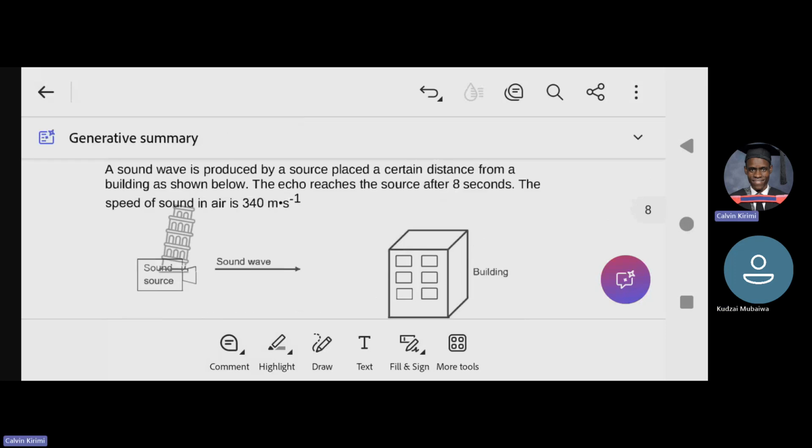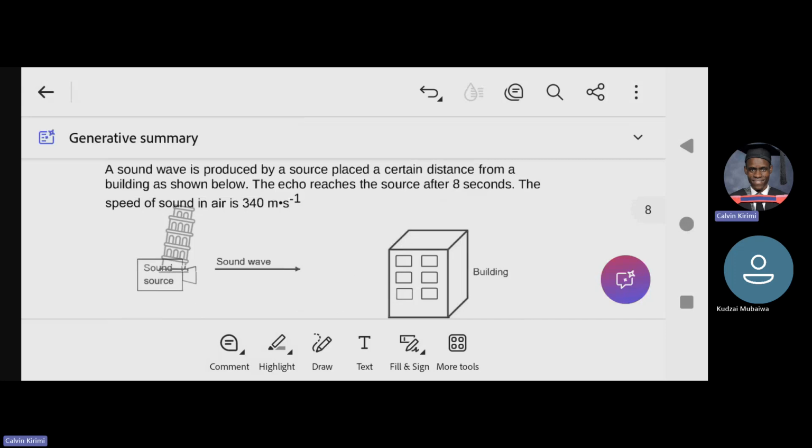Which information is going to help us? The speed of sound in the air. The speed of sound in the air, which is correct.